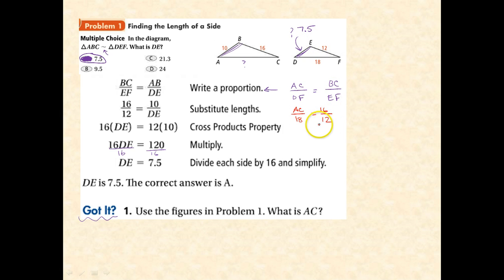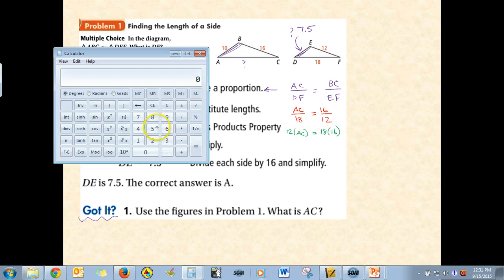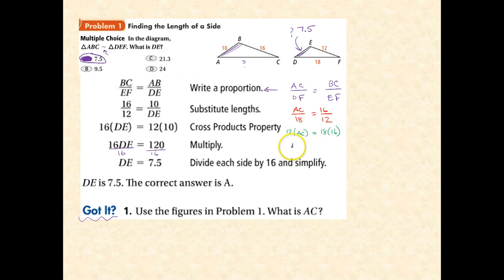Cross products: 12 times the length of AC equals 18 times 16. 18 times 16 equals 288. So 12 times AC equals 288.